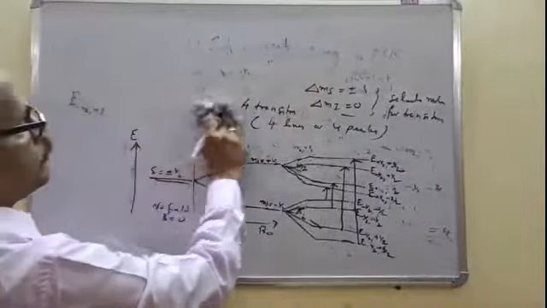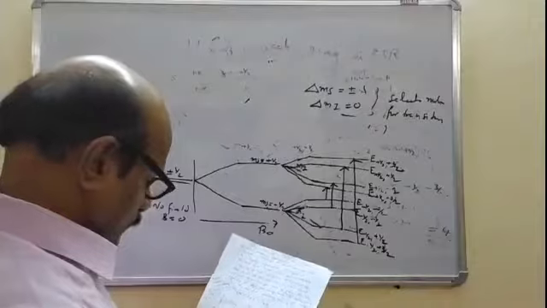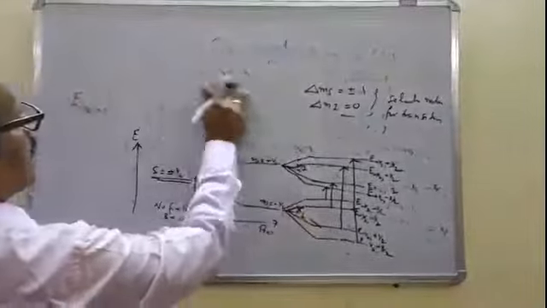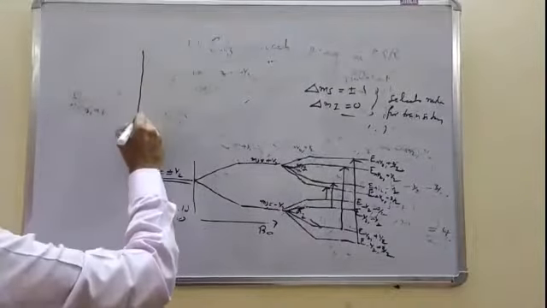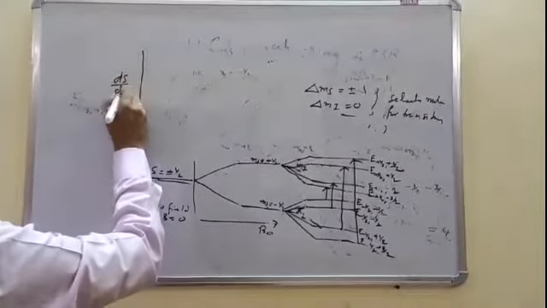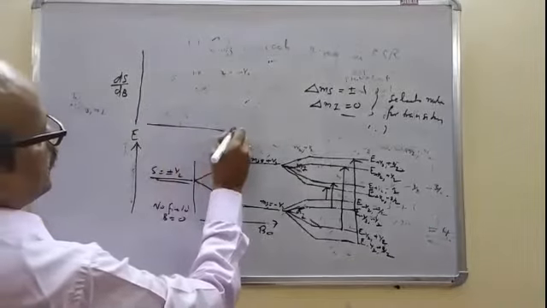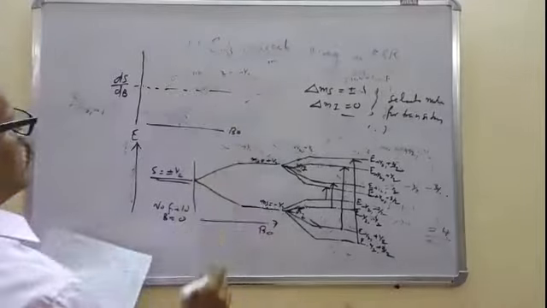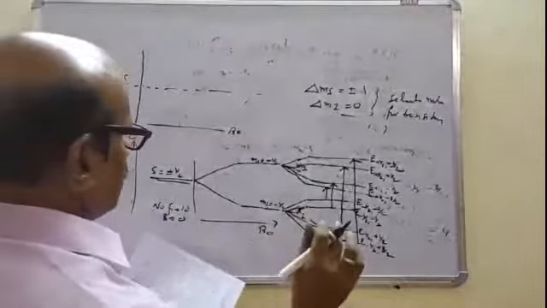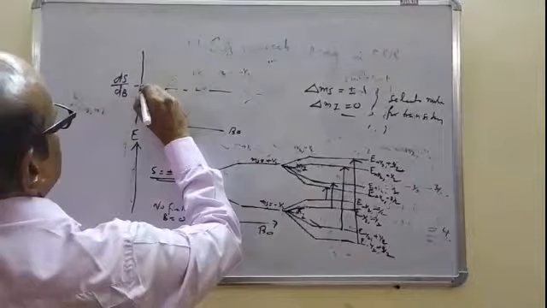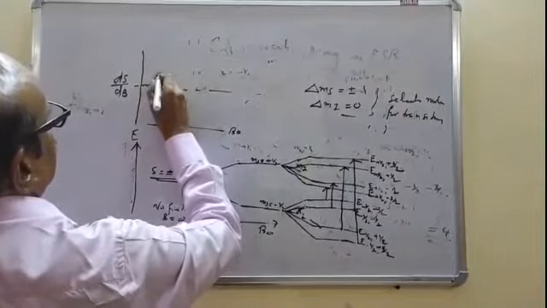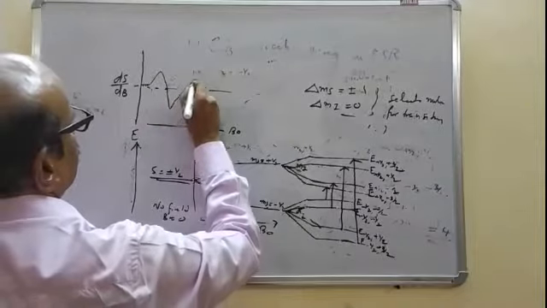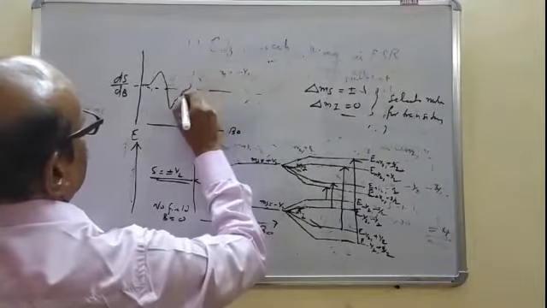Let us draw the ESR spectrum like this. The ESR spectrum is dS by dB versus B0. This is the line. So this is the first transition. Okay, I am representing it like this: 1, 3 lines.